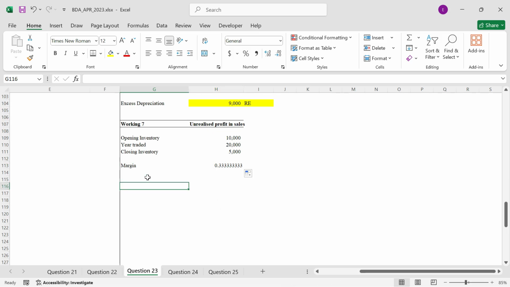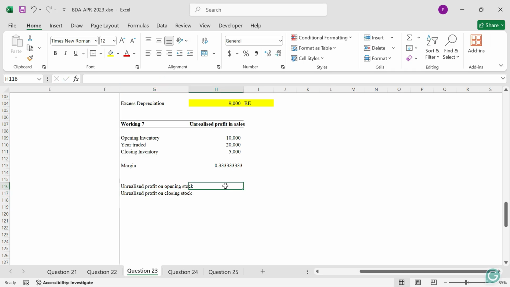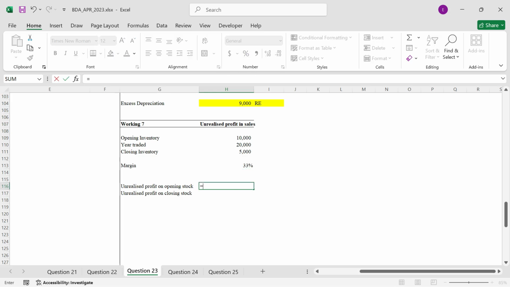So I can find the unrealized profit on opening stock and the unrealized profit on closing stock. This would be that 33% multiplied by the opening stock.